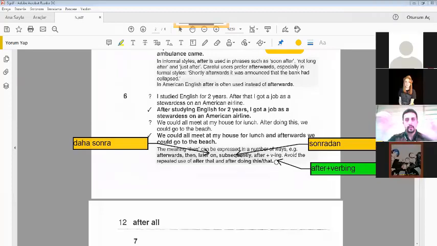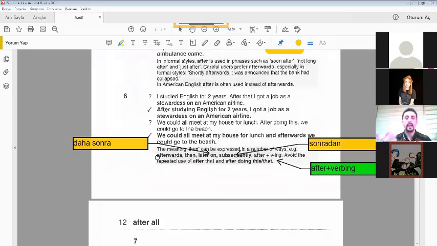If you want to mix 2 sentences with after, you have to use it like this in the green box. After plus verb ing form. After studying, after going, after coming, after sleeping, after reading. All the time in ing form. The meaning then can be expressed in a number of ways. For example, afterwards.